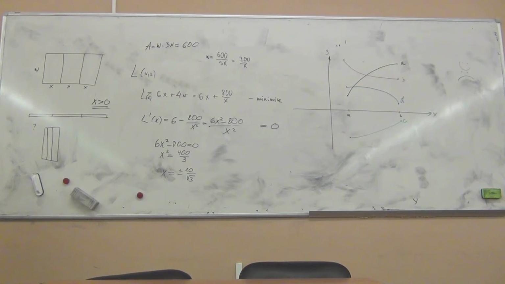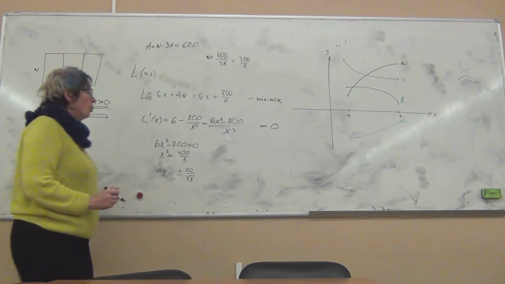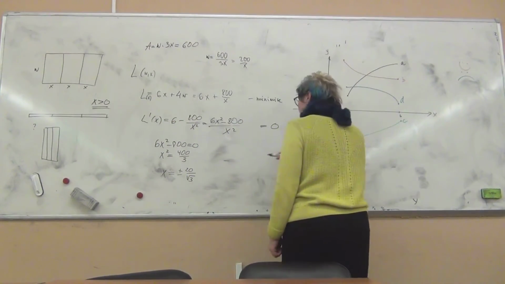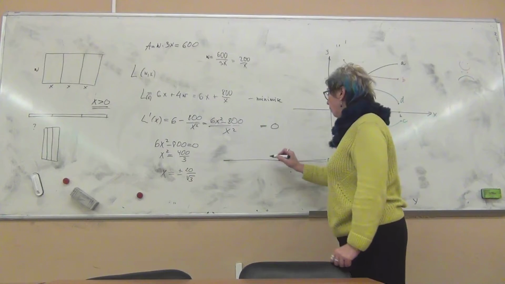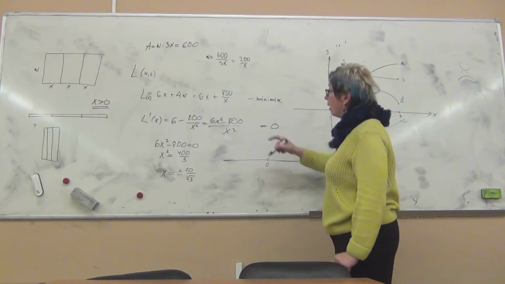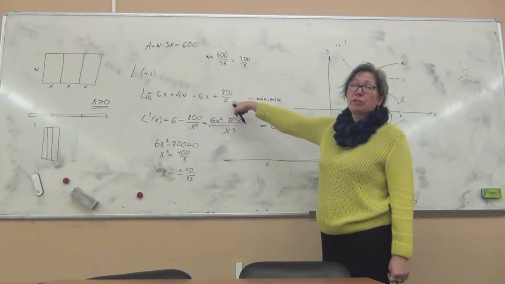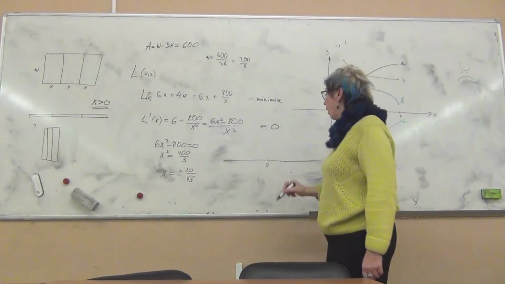Possibly. It seems I solved it slightly differently here, but the critical point x is exactly that. It's exactly this. So, yes. Now we have, of course, 0, which is actually a vertical asymptote for this function.